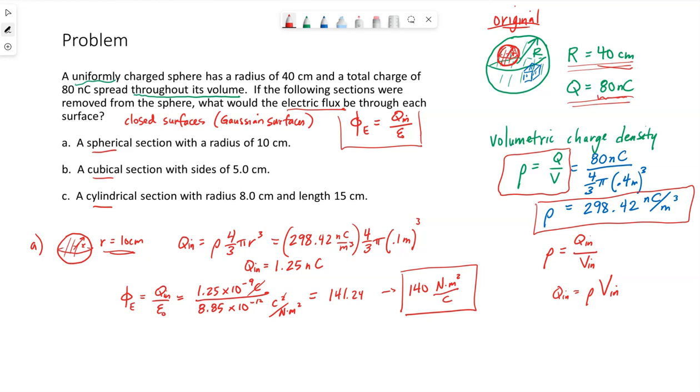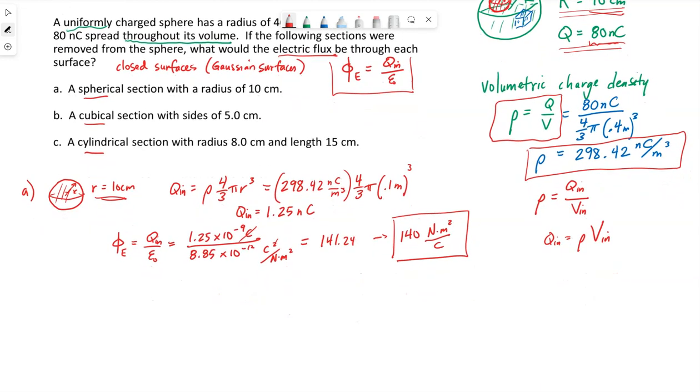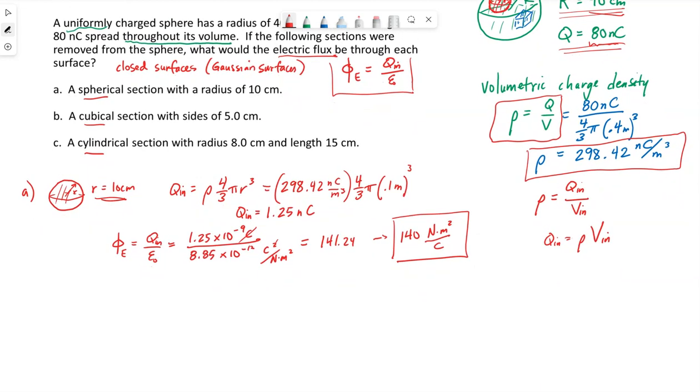Part B, this time we're taking a cube that has a side of 5 centimeters. So B, where each side is 5 centimeters. 5 centimeters would be well within the original sphere.